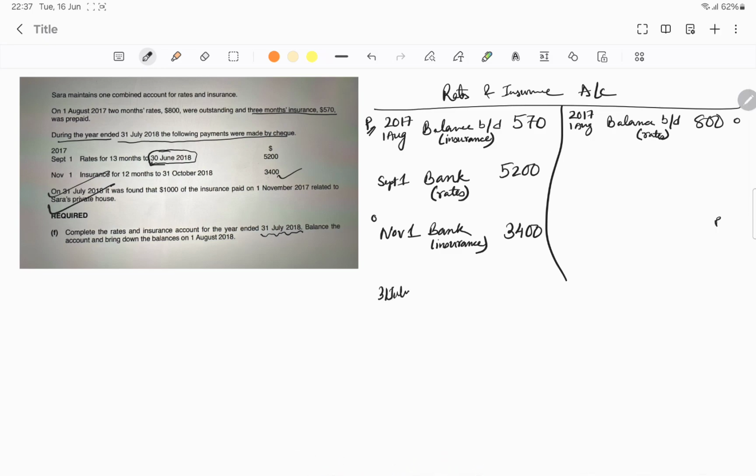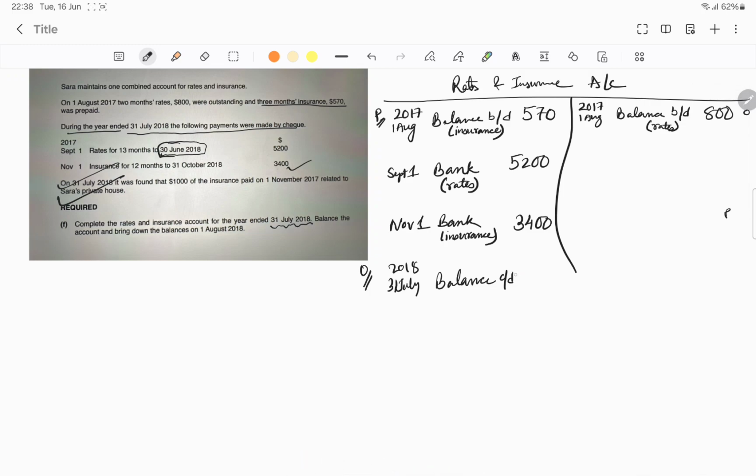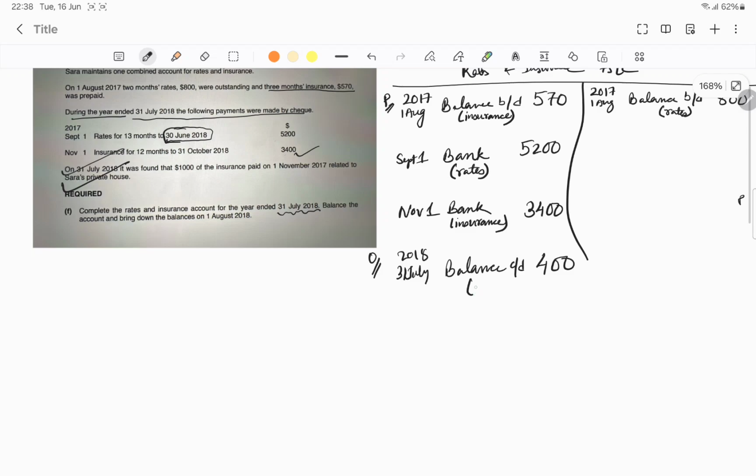We write 31st July 2018, balance carried down. What is 1 month's rate? It is $400. How did I get it? 5200 was for 13 months, so for 1 month it is 5200 divided by 13, which is $400. This balance is for rates.